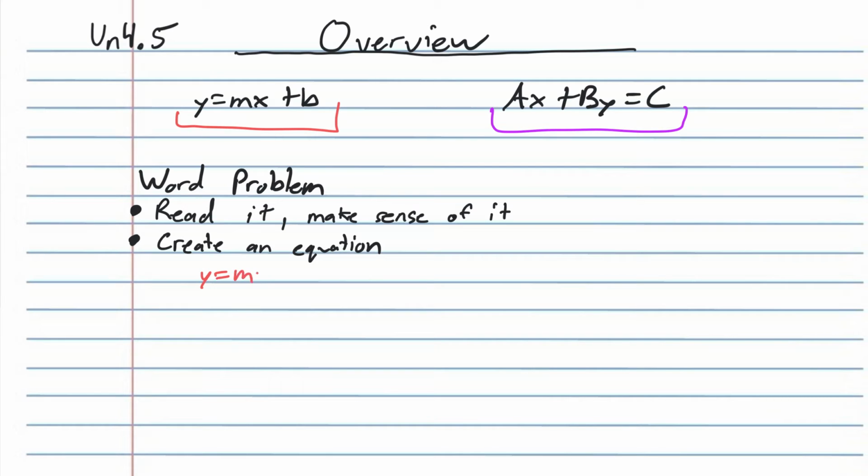But when you're looking at mx plus b in the context of a word problem, all those things have different meanings, right? M we know is slope, but what does slope really mean in the context of a word problem? What does b mean in the context of a word problem? And then same thing, we'll be looking at the other format, ax plus by equals c, and determine, okay, how does that affect a word problem?